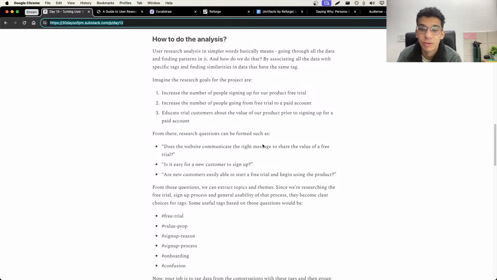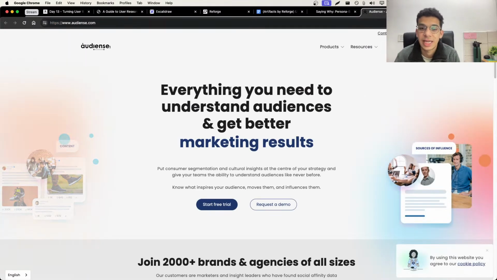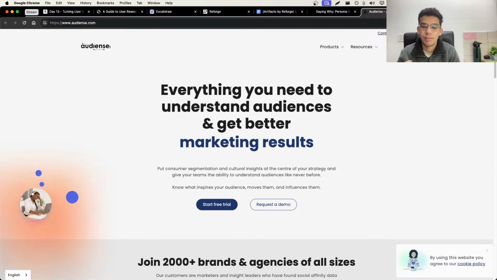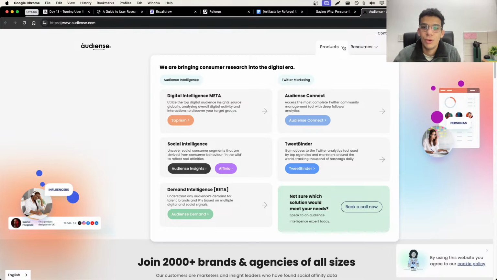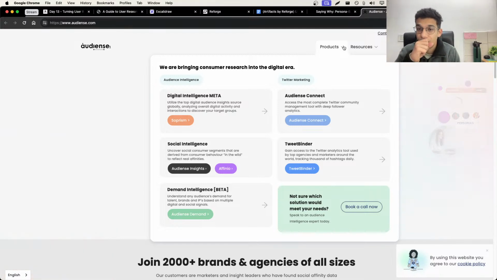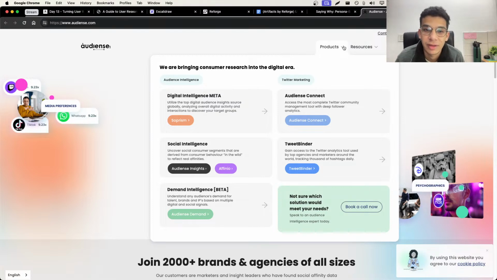But a lot of tools, for example, we have one here which is Audience, which helps you understand segments of audience, right? This is more marketing focused, but it has products and solutions that look at digital intelligence, look at data online, look at social media trends online, and determine behavior for users, right?